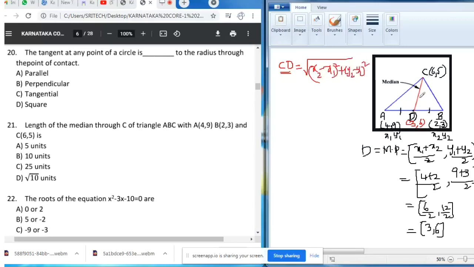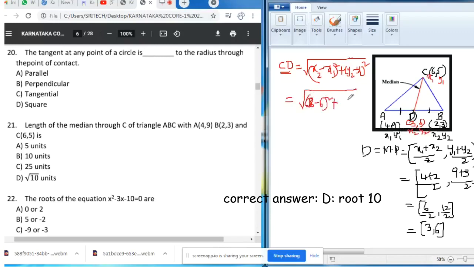We will represent 6, 5 as x1, y1 and the D point as x2, y2. Replacing the values in the formula, we'll get 3 minus 6 whole square plus 6 minus 5 whole square. 3 minus 6 value is minus 3.